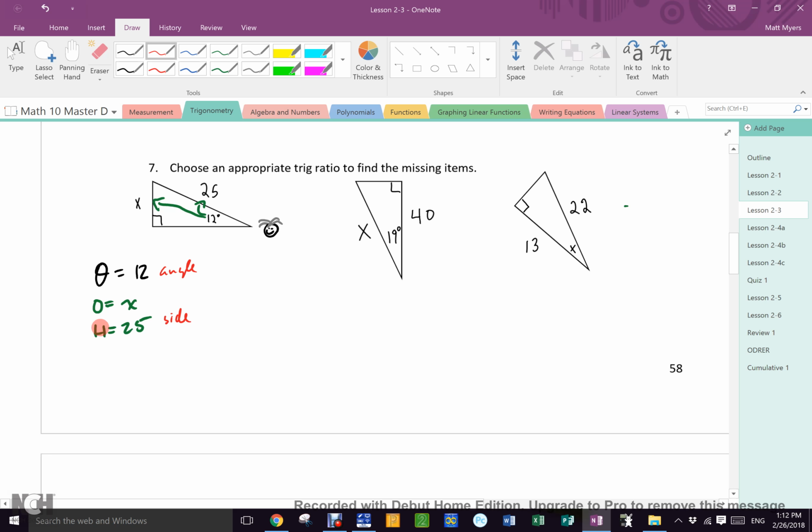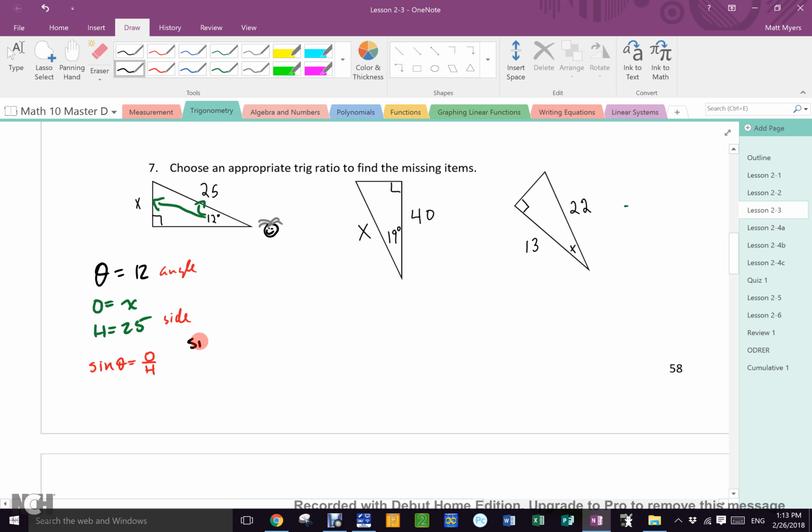Now remember, I did warn you that in future, there are 6 options. You only need to know the first 3. Sine, cos, and tan. Sine theta equals O over H. If you write that out, is it possible to do trig wrong? It really isn't. Sine theta. What's theta? 12. Okay.